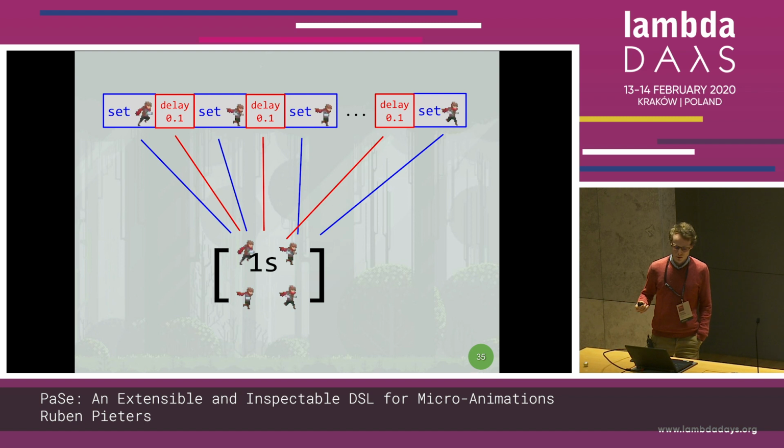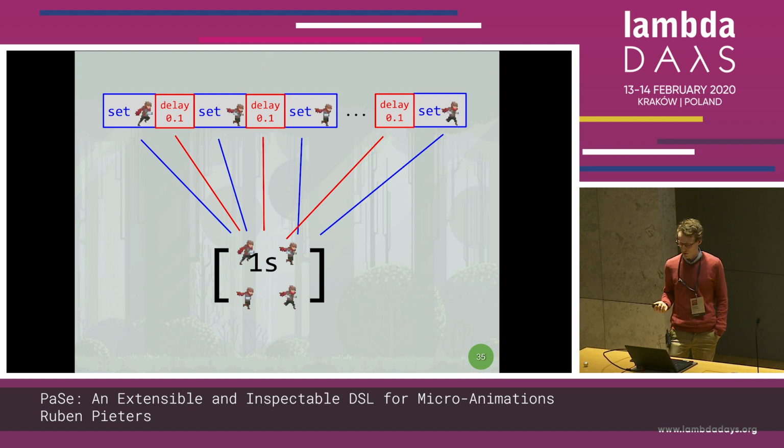When we want to extract the textures, we interpret the set constructor by extracting the texture inside it in a singleton list. We don't extract anything, the empty list, for the delay constructor, and then the interpretation for the sequential composition will be concatenating all the lists, and as an end result, we get all our textures.